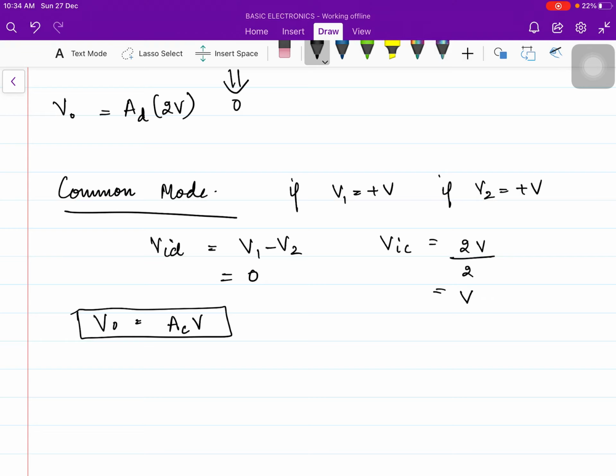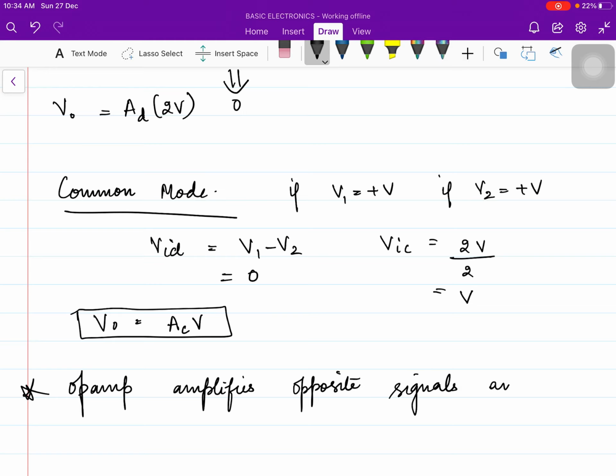So we can say that the op amp amplifies opposite signals and has a tendency to reject common mode signals.